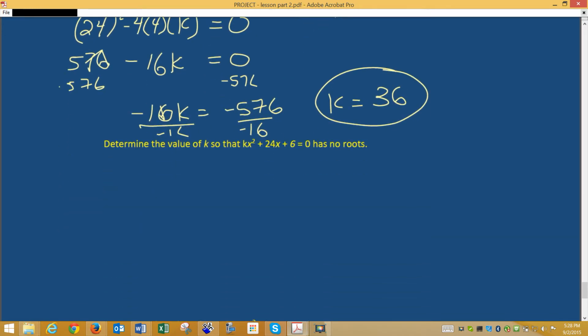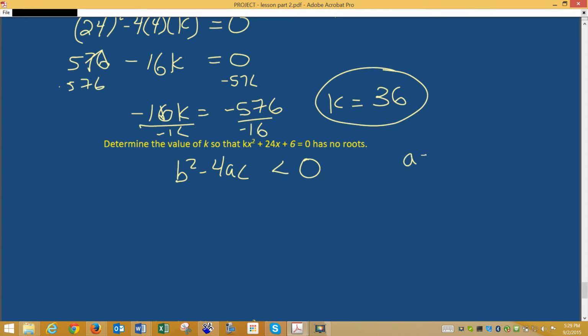Okay, this one has no roots. So remember, roots is the same thing as solutions for x. So we're saying that this has no solutions for x. Or you might also see it written as imaginary solutions for x. So that means that my b squared minus 4ac, if it has no roots, that means that it's negative, which means that it's less than 0.